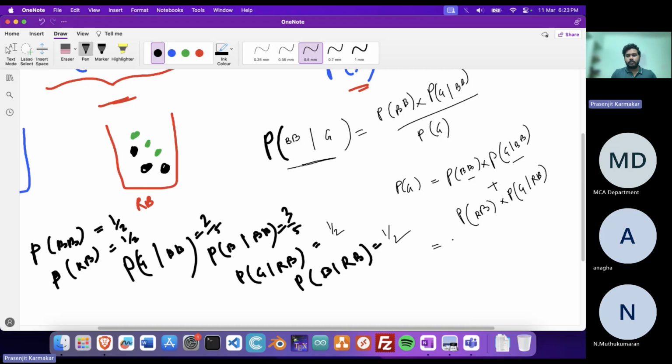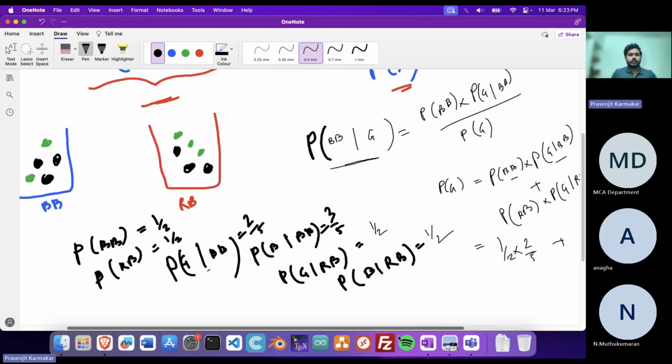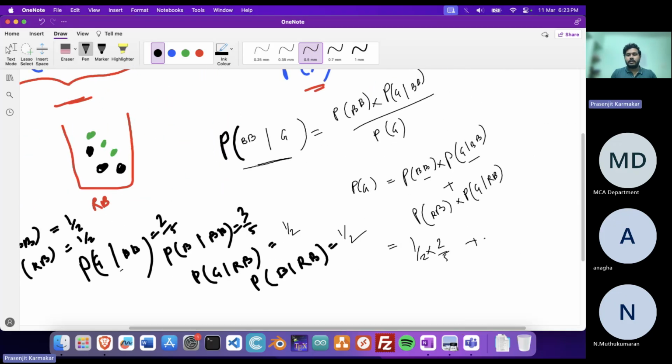Let's just do it. 1 by 2 times P of G given BB, which is 2 by 5, plus, is it 2 by 5? Yes. Okay. Now another is 1 by 2 times P of G given RBB, 1 by 2.